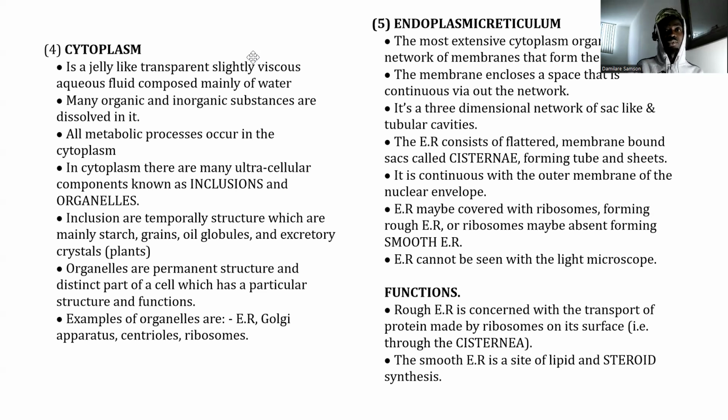So all other structures, apart from inclusions, found inside the cell are said to be organelles. Even the endoplasmic reticulum, the nucleus itself, we assume are organelles, the Golgi, and so on and so forth. Examples of organelles are ER, endoplasmic reticulum, Golgi apparatus, centrioles, and so on and so forth.